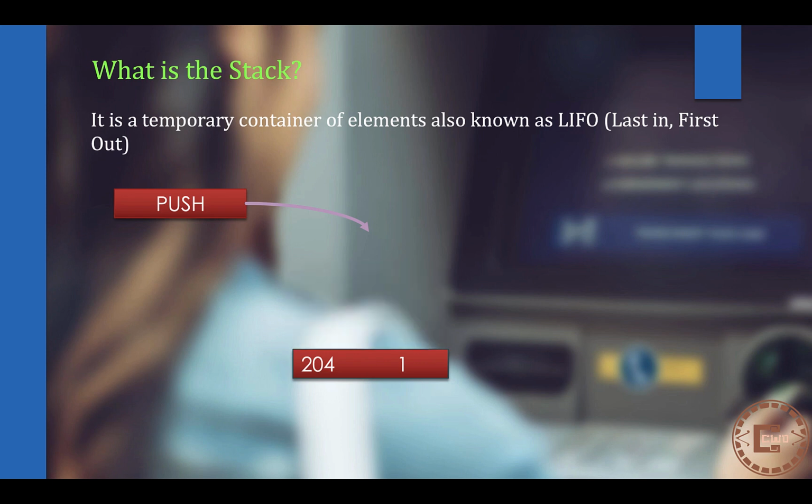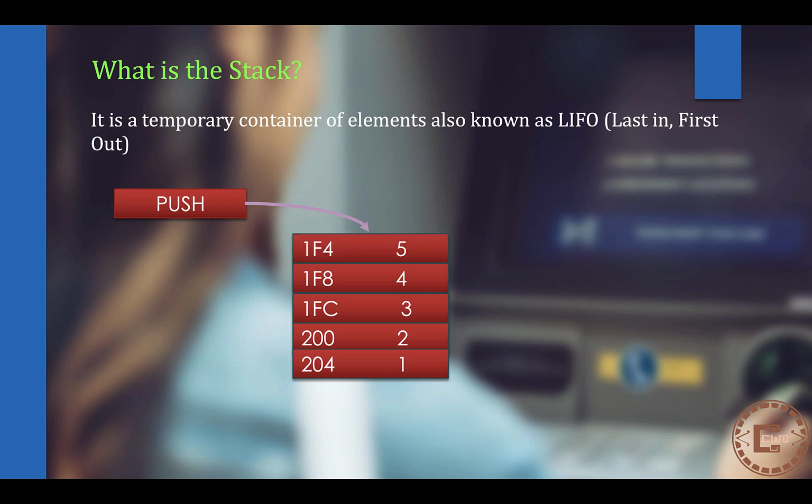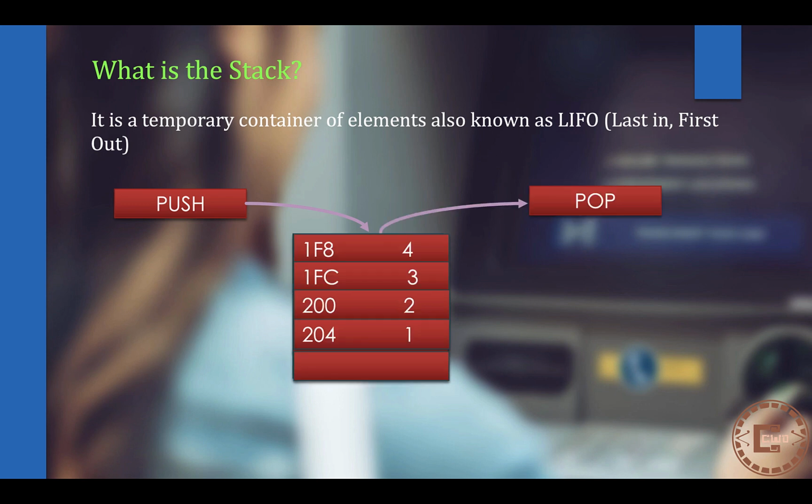Okay, so in this case, we're pushing number 1. Imagine that to the function we send the number 1 value, then we send the number 2 value, 3, 4, and 5. Okay, at this point, we sent five parameters to the function with the values 1, 2, 3, 4, 5. Okay, then if we wanna get out one of those values from the stack, it is called a pop instruction.